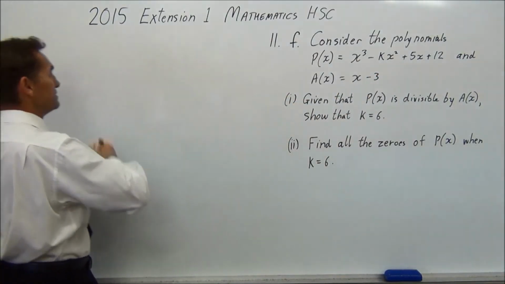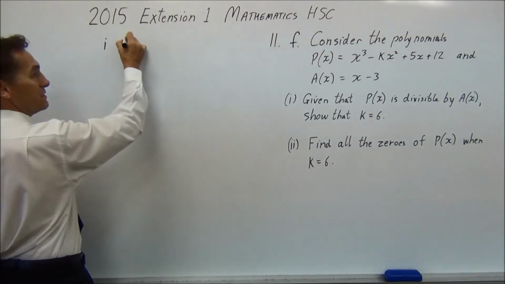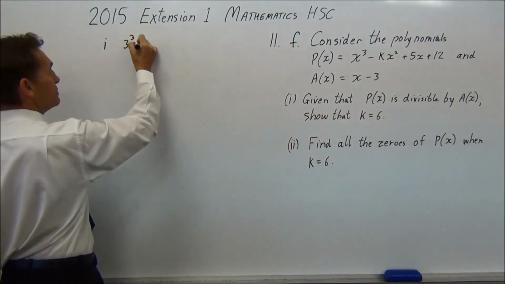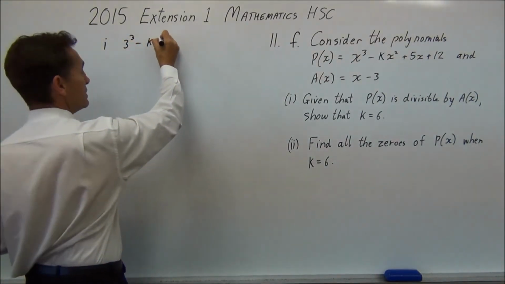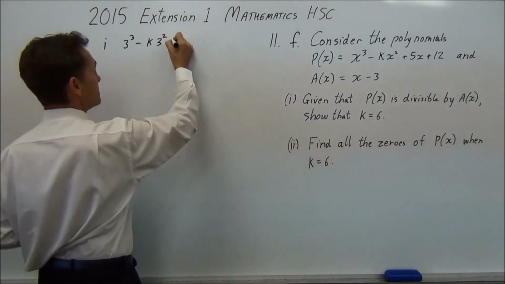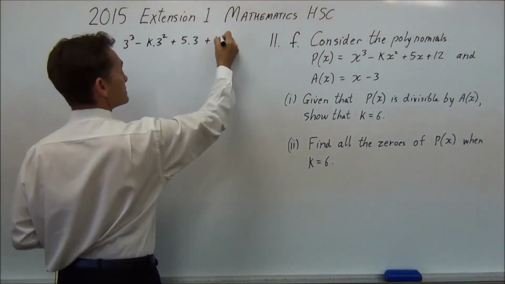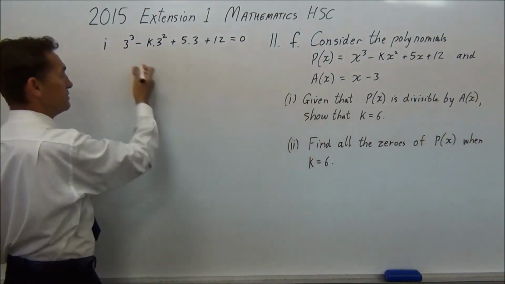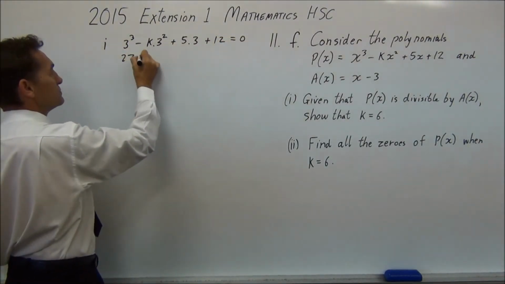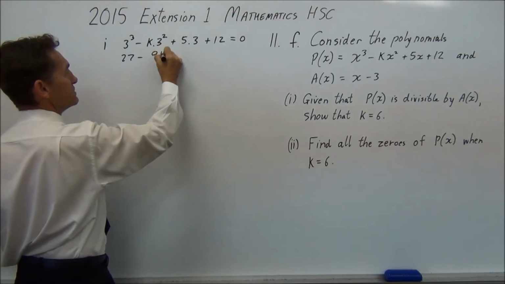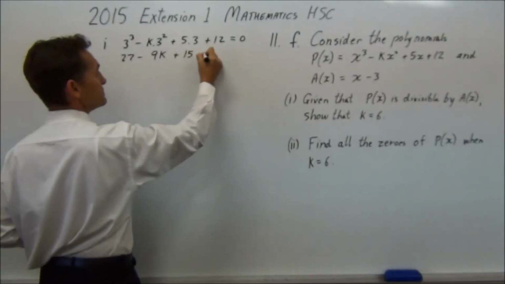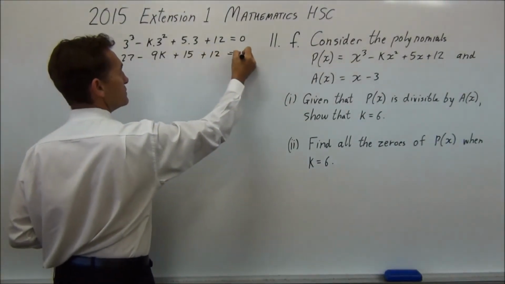So let's do that. So part 1, we're going to get 3 cubed minus k, 3 squared, plus 5 times 3 plus 12 is going to equal 0. Expand that out. 27 minus 9k plus 15 plus 12 equals 0.